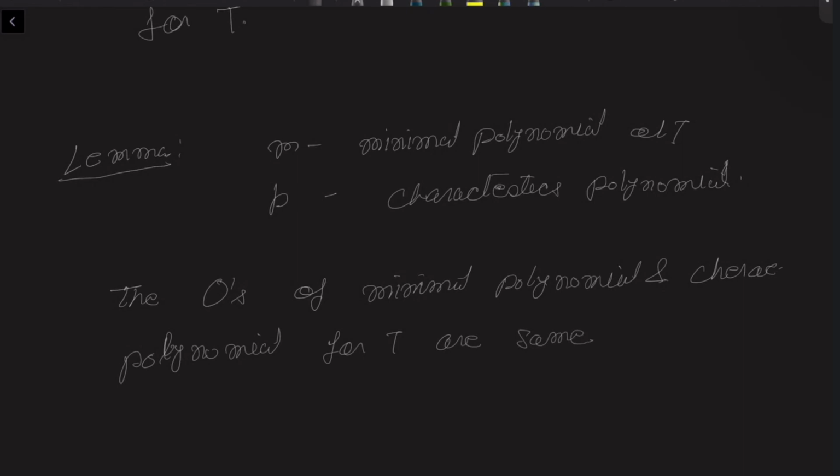So what does it imply? It implies that the roots of the minimal polynomial and the roots of the characteristic polynomial are the same.